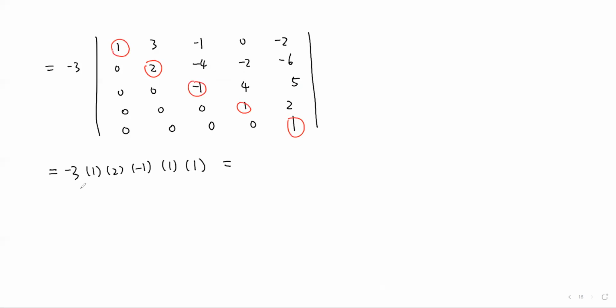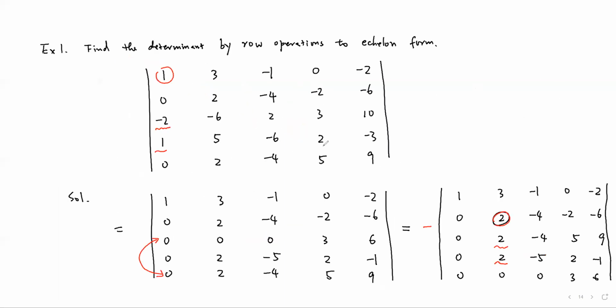So the answer is, let me see, -3 times 2 is -6, times -1, so 6. So this 5 by 5 determinant is 6. Because 6 is not 0, the 5 by 5 matrix is invertible.